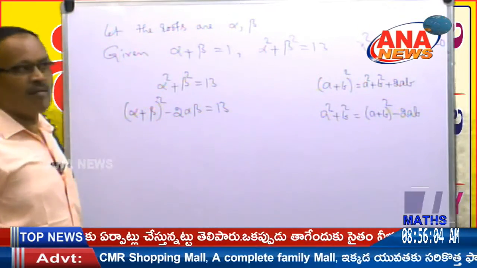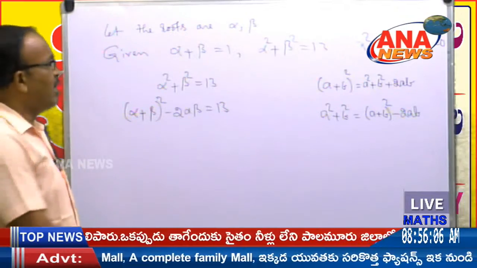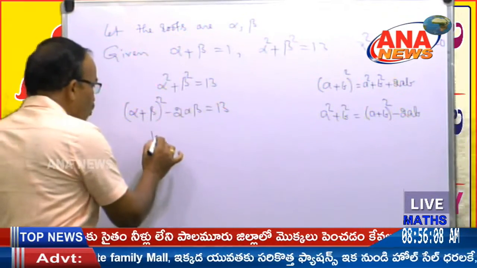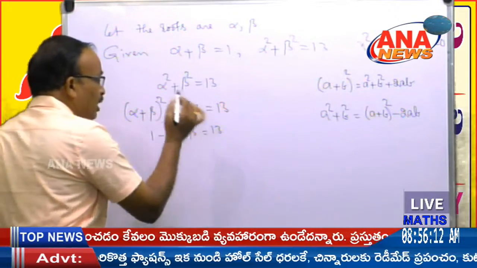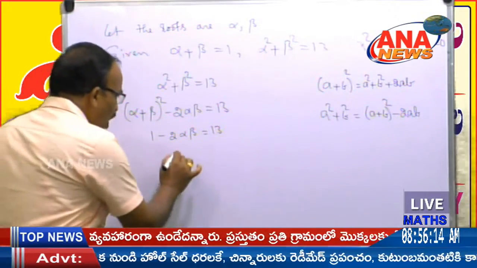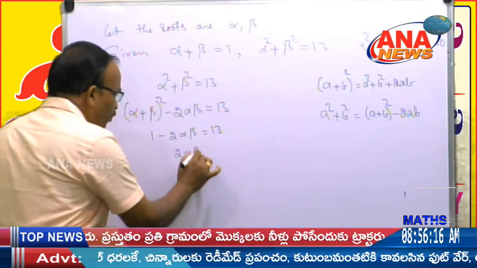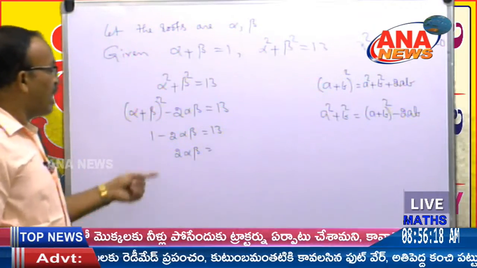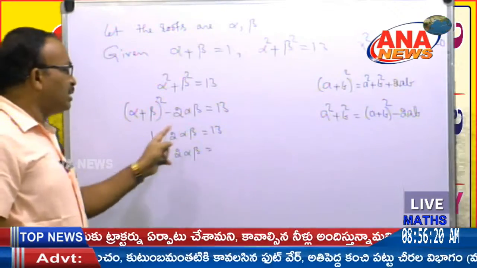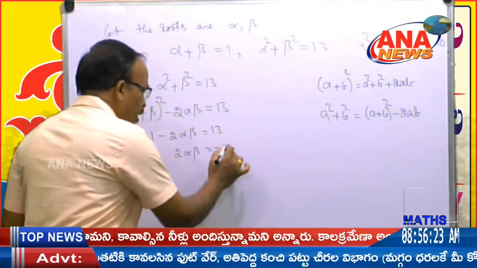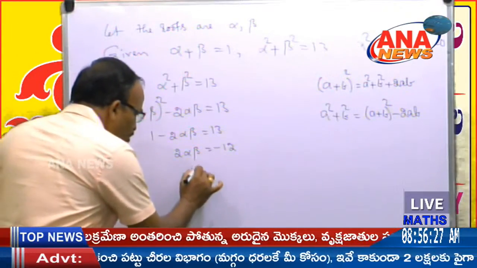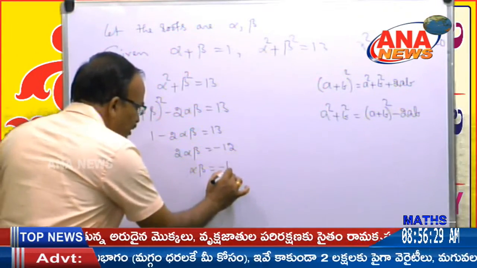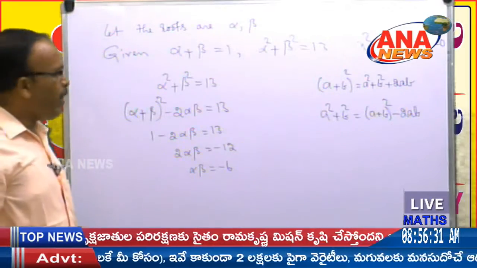Already we know the value of alpha plus beta, that is 1. Put it in this. 1 minus 2 alpha beta is equal to 13. So 2 alpha beta is equal to 1 minus 13, that is minus 12. So alpha beta is equal to minus 6.